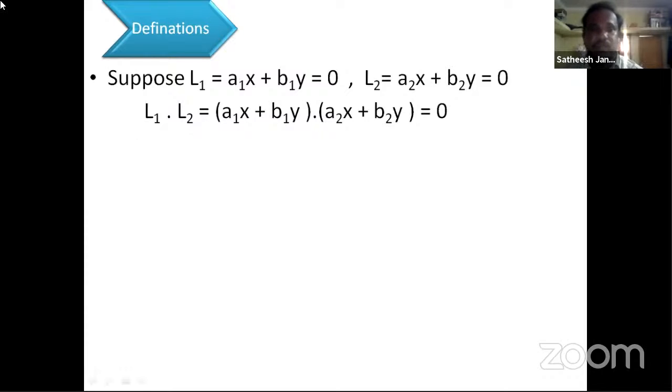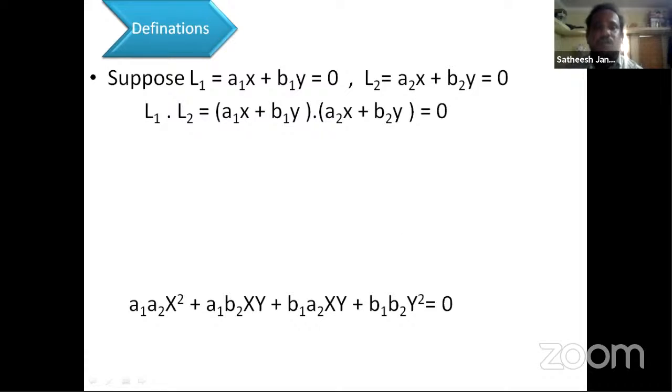Observe the product of L1 and L2. This is most important for further theorems and problems. Observe clearly. L1, that is a1x plus b1y, times L2, that is a2x plus b2y, is equal to 0. Now the product of the two lines.